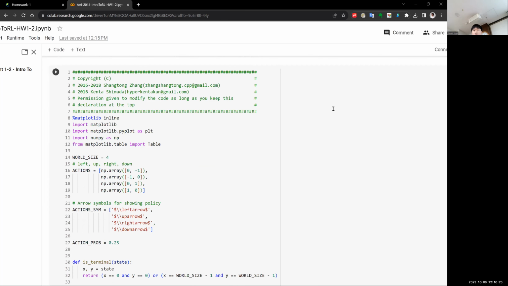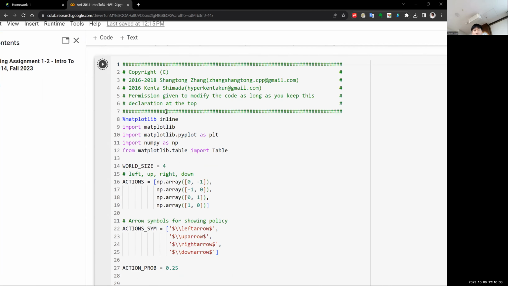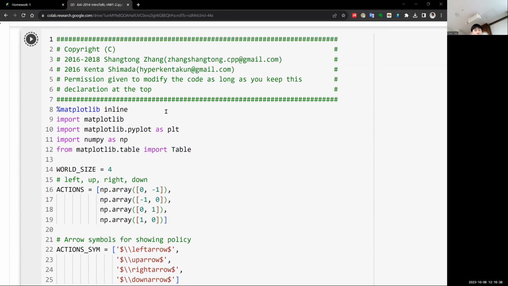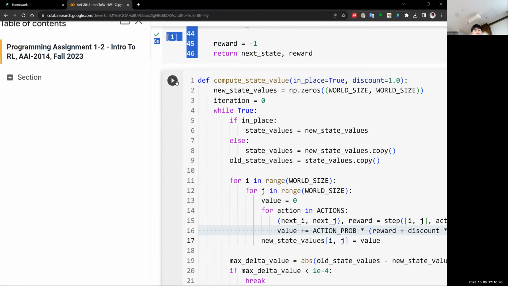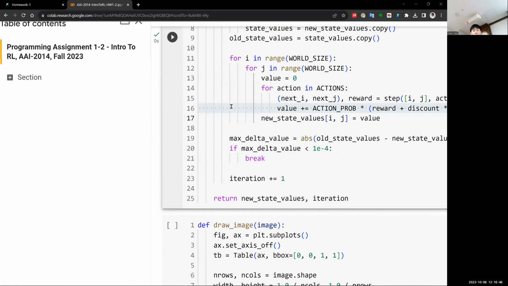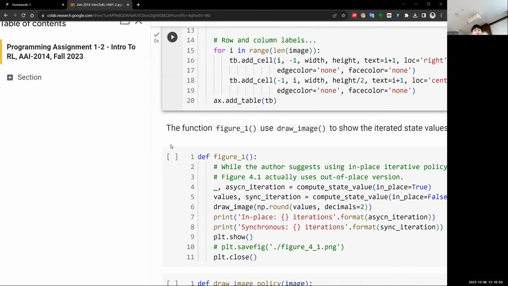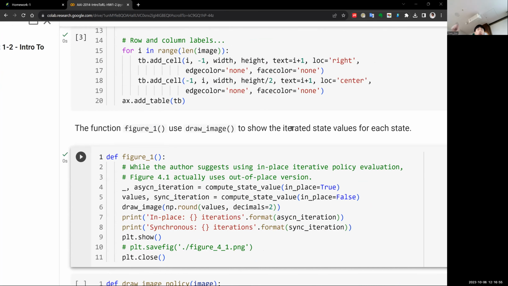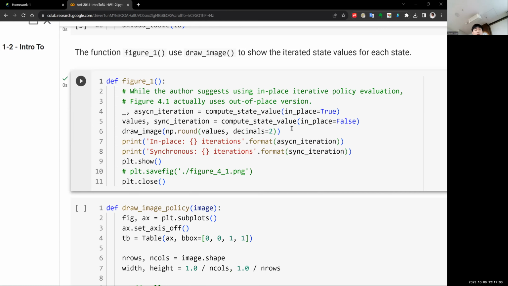Okay, let me run it. The first one, the second one. So the compute and draw figure is to visualize, to plot. For the first figure, we use the previous one to draw a grid world for us, and it will show you the state values.